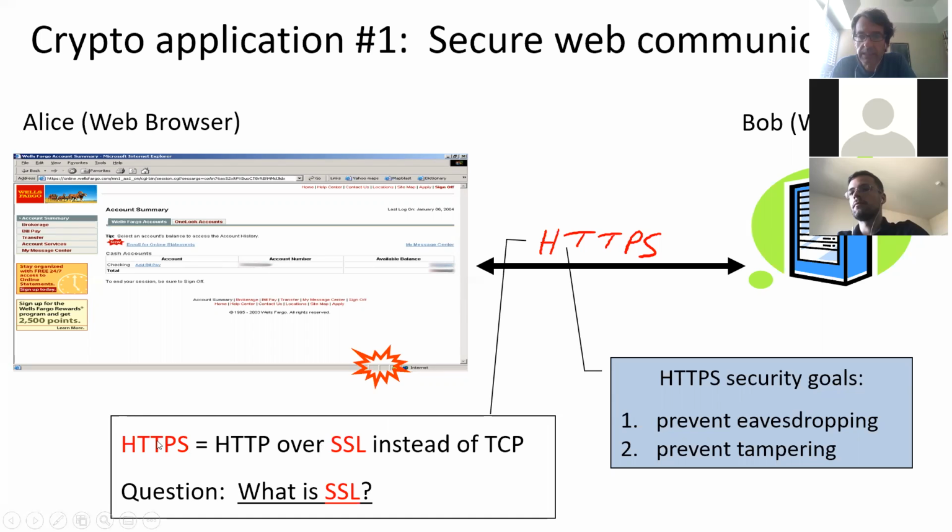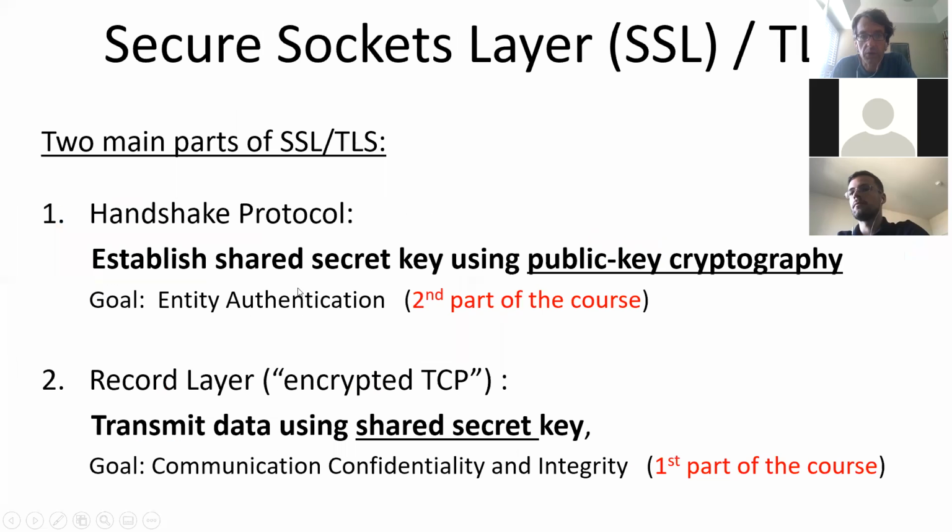So HTTPS technically is HTTP, right? The browser language goes over SSL instead of TCP. So SSL is secure socket layers, but what is this? SSL used to be called TLS, the transport layer security, so like a secure version of TCP.